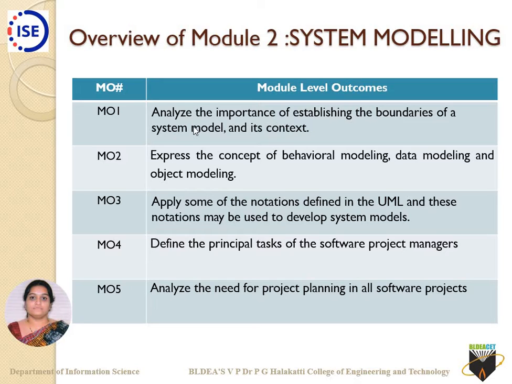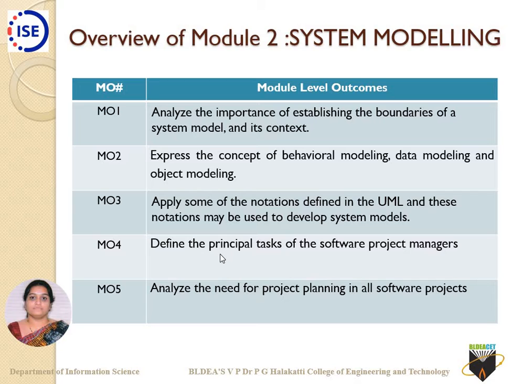At the end of this module 3, you will come to know the analyzing of the importance of establishing the boundaries of a system model and its context. Then you will be in a position to express the concept of behavioral modeling, data modeling, object modeling. What do you mean by them? Then you will be in a position to apply some of the notations defined in UML that you have studied in your second module, and these notations may be used to develop system models.